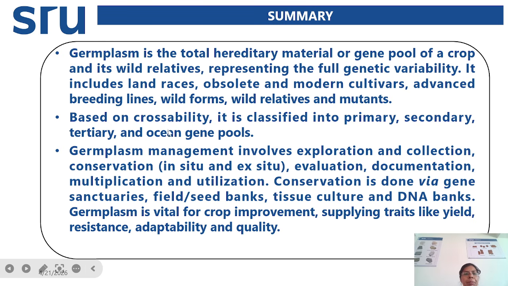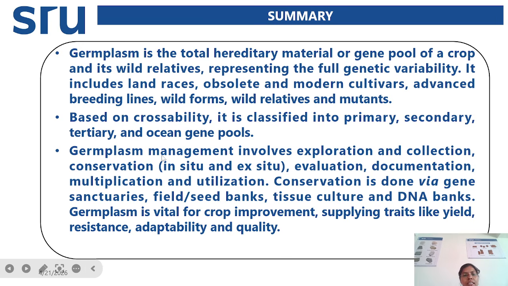Next, based on crossability and the degree of relationship, the gene pool was classified into four types: primary, secondary, tertiary, and ocean gene pool. The ocean gene pool is a newly added gene pool, beyond the tertiary gene pool, which deals with genetic engineering technologies.